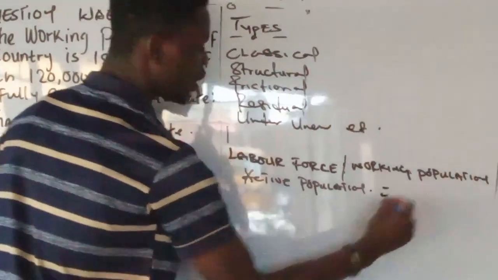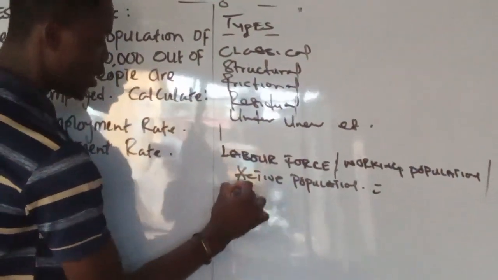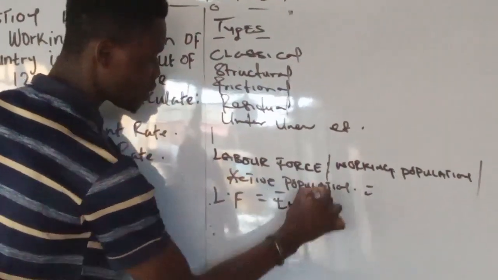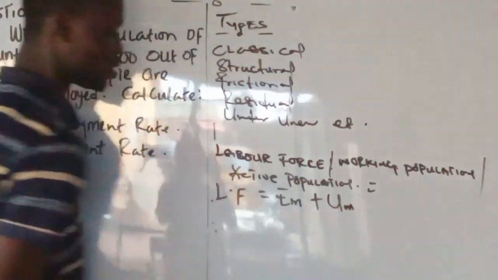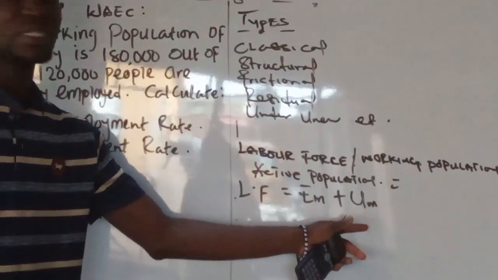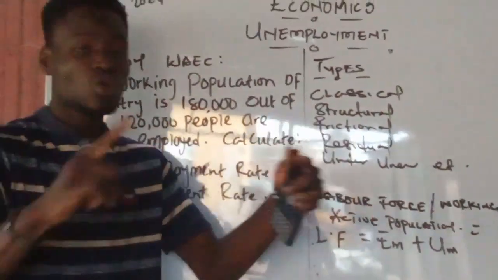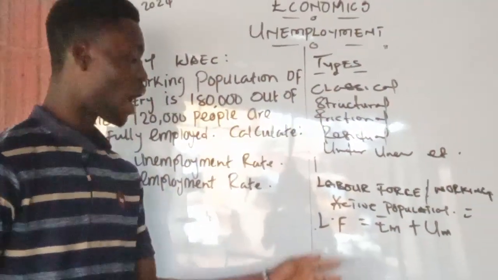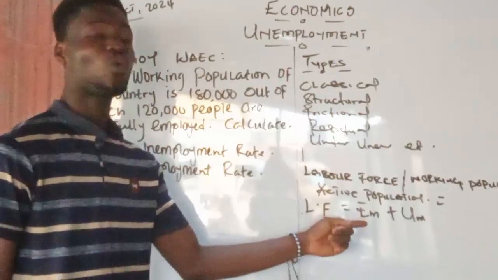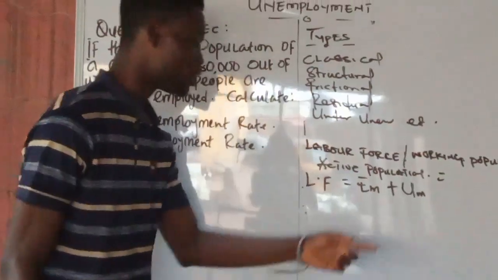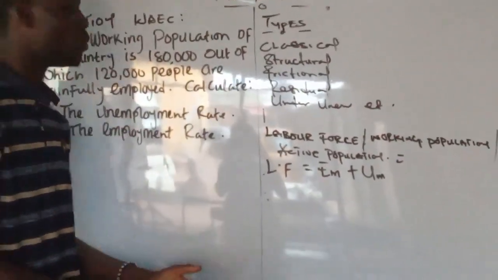So what is the formula? The formula for getting this: labor force equals employment plus unemployment. That is, we want to know the total number of people in a country. So how do you get that? You have to add those people that are employed and those people that are unemployed together before you get your labor force.